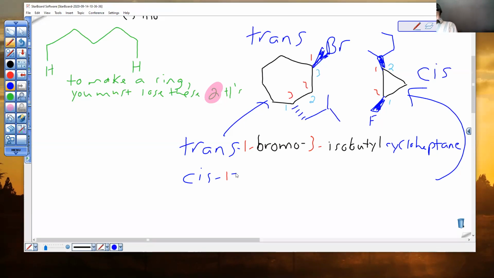So I'm just going to stick with the sec pentyl on 1 and the fluoro on 2, which means fluoro's first. I don't put a 1 there, I put a 2, and it's a fluoro. And 2 has a fluoro, 1 has a sec pentyl, if I'm using the red system.